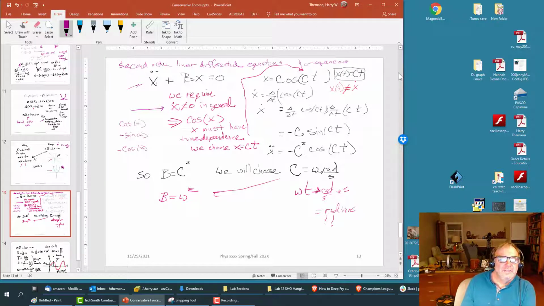Now, since we realize that whatever function we're going to put in for x has to have a time dependence, the easiest way to do that is within the argument. They call it the argument of cos. Whatever is inside the parentheses, instead of having it be some constant, we're going to have it be some constant times the time.